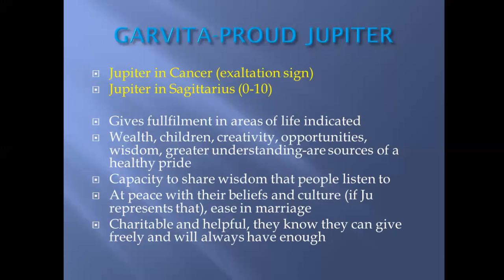They could also feel peace in their marriage as well. And remember that Jupiter represents the husband. Now, they're also going to be charitable and helpful, as they know that they can give freely and they will always have enough to get by.